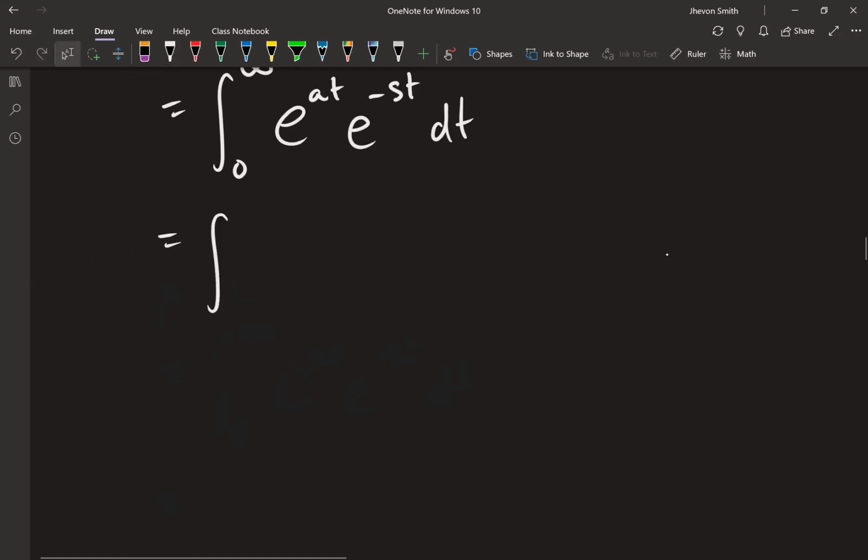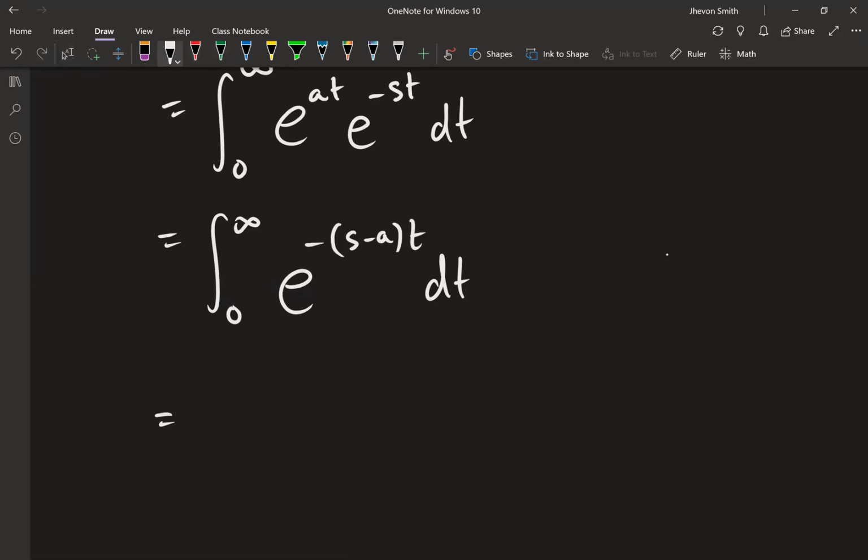Now I can rewrite this actually. This is e to the minus (s minus a) t dt. Let's go one step further before I say the comment I was going to say. So now the integral of this is what we want.